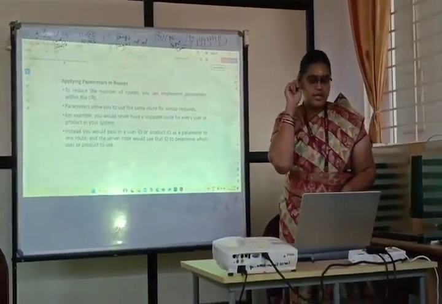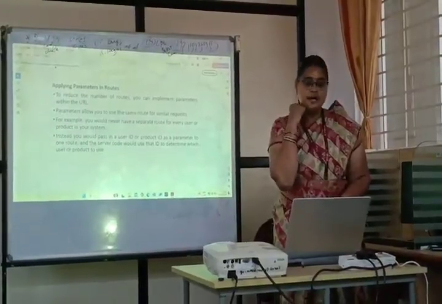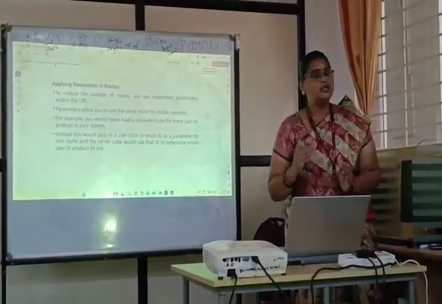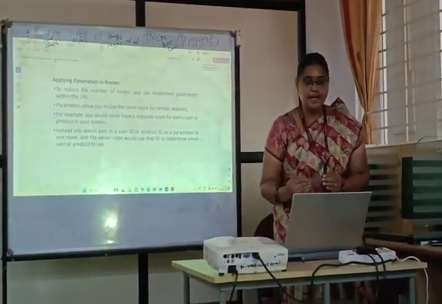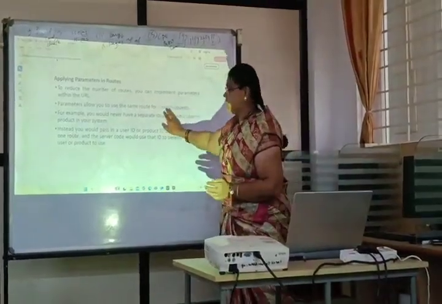So this also I told at the time of applying parameters in routes. With the URL only, we are going to say how many routes you have, how the parameter value is going to be implemented, and how the same route is going to be used for similar requests.